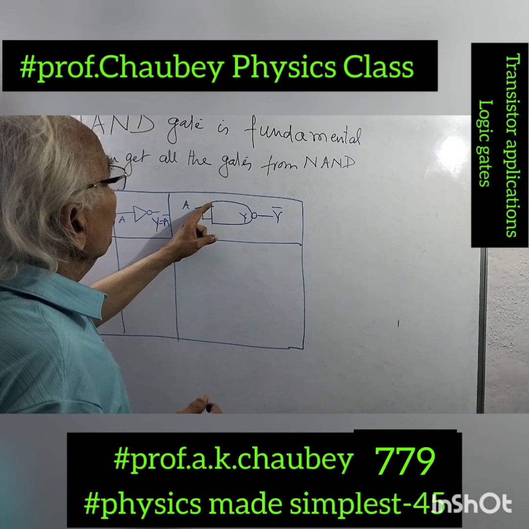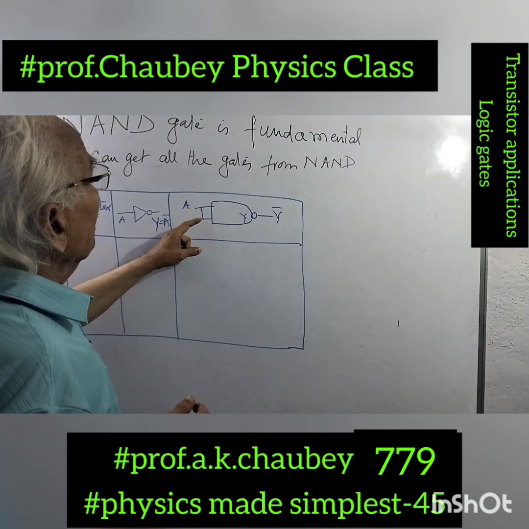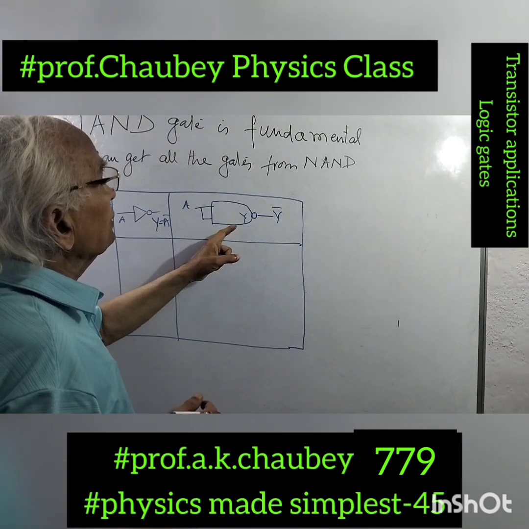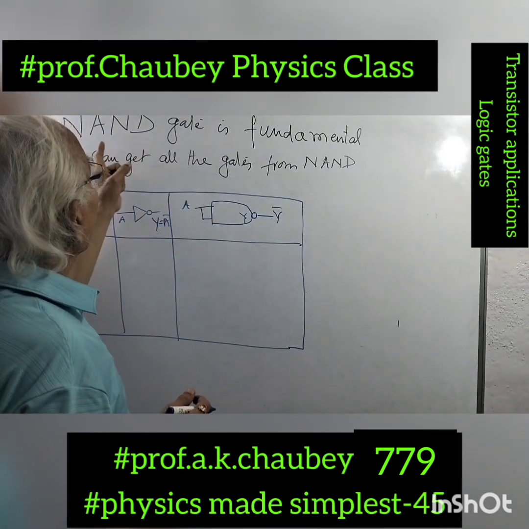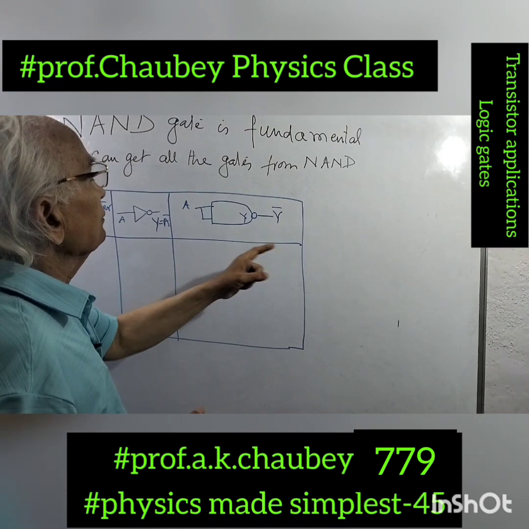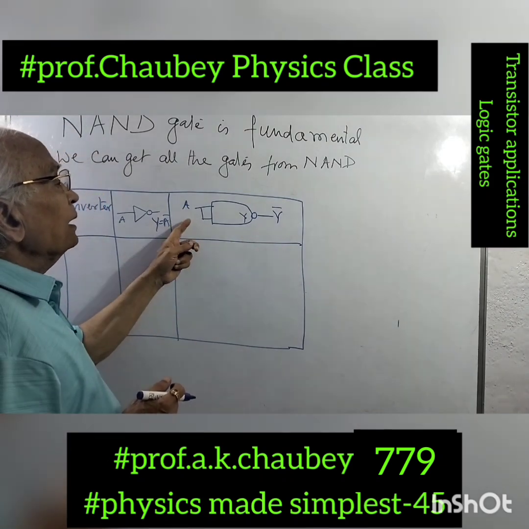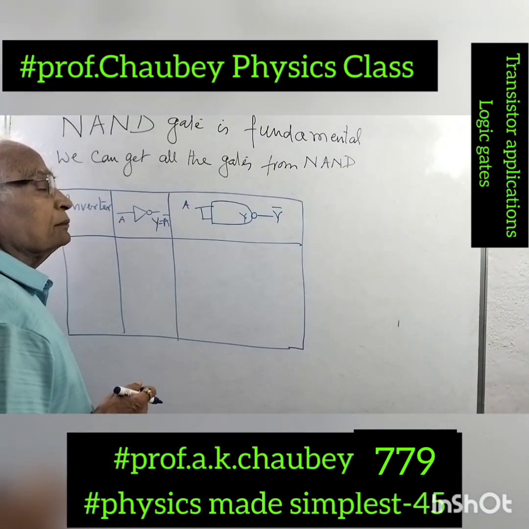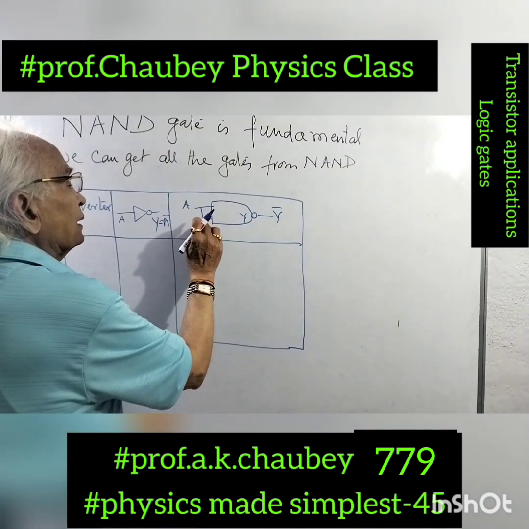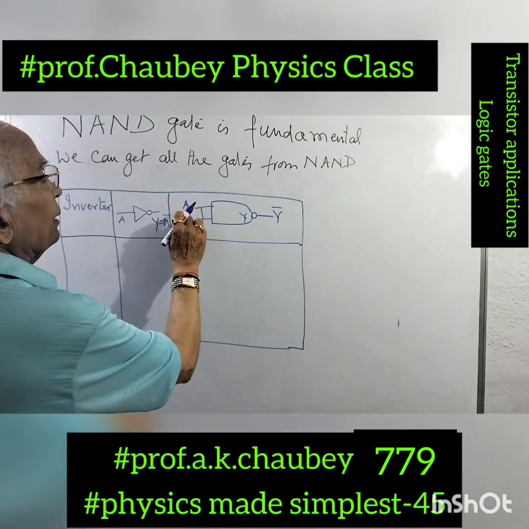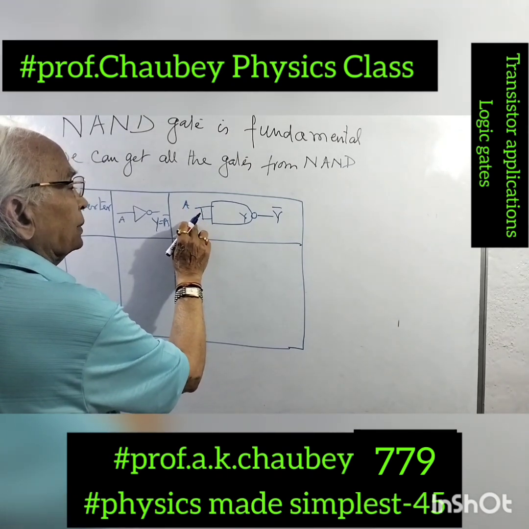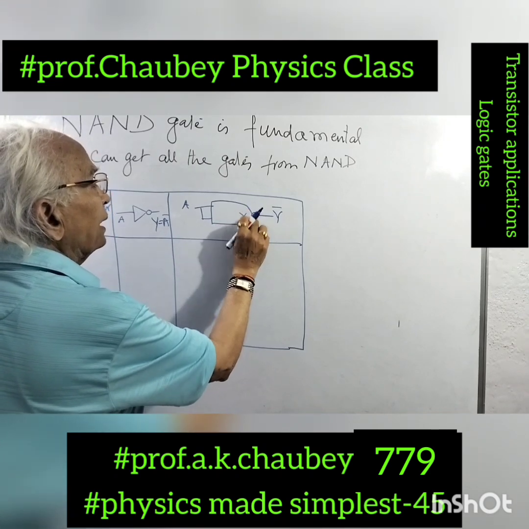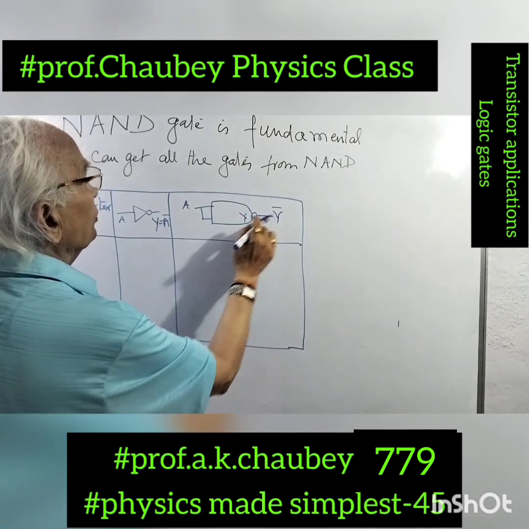So if you short the two inputs, make one input, this becomes an inverter. Because A is there, some pulse is there, and A and B are connected. So at both we have A and both pulses are present. So here we have output, but this NAND gate will invert. So no output.